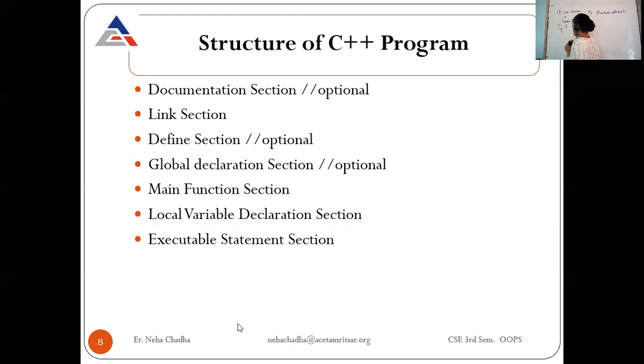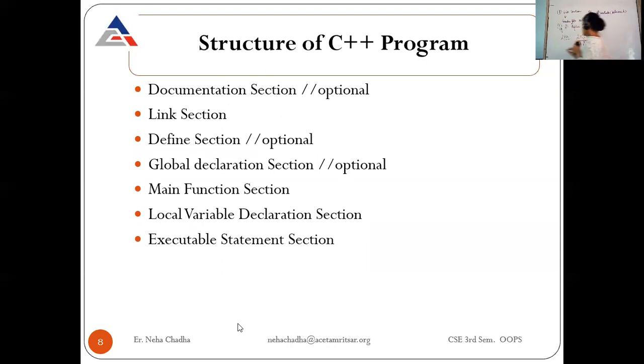As if we are going to calculate the circumference, that is 2 pi r, one way is to write 3.14, then r is there. But we have used pi in the define section. So instead of writing 3.14, we will write 2 into pi into r.